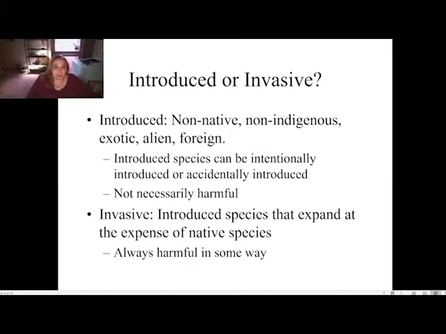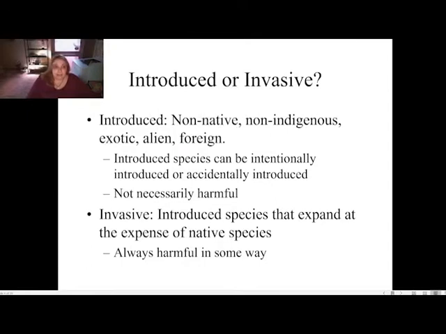But most species that are introduced are harmless or nearly harmless. Examples would be corn and soybeans and cattle, sheep, tulips, daffodils, agricultural plants, livestock. Those are all things that are introduced to areas, but they're not considered invasive.